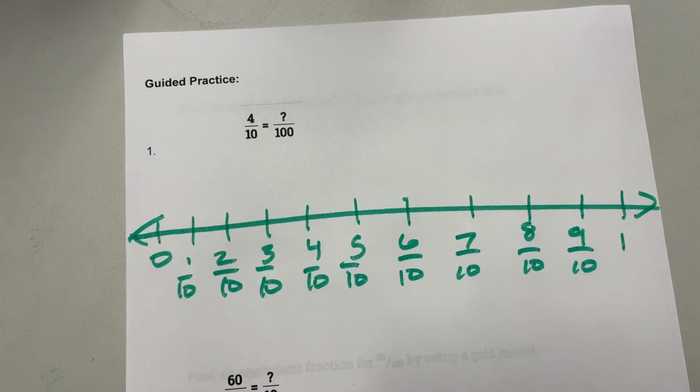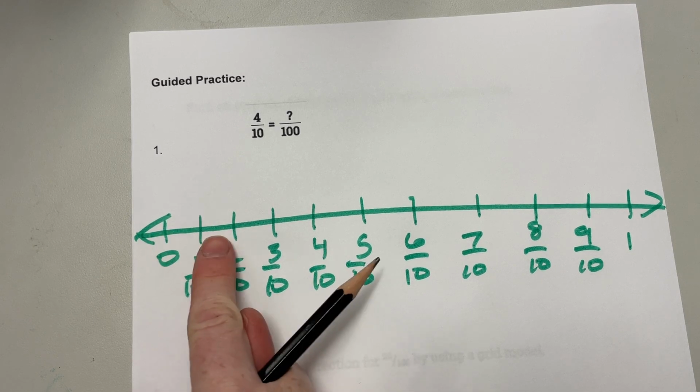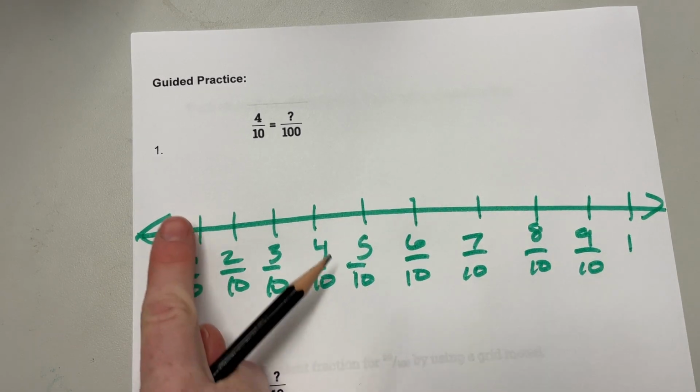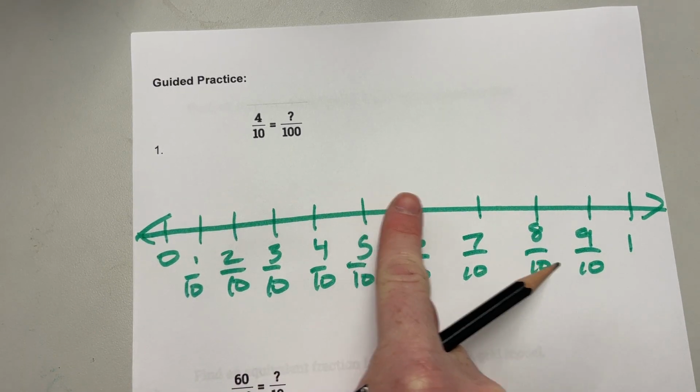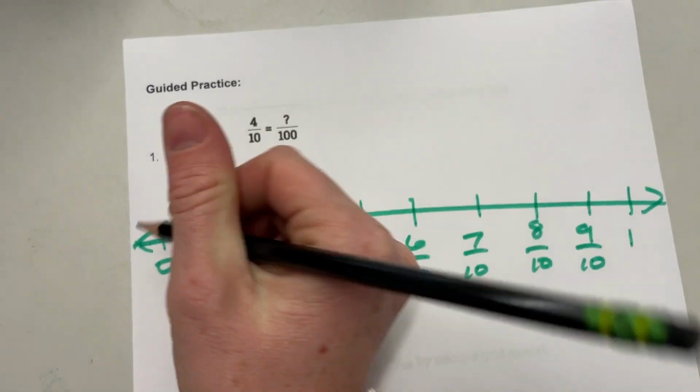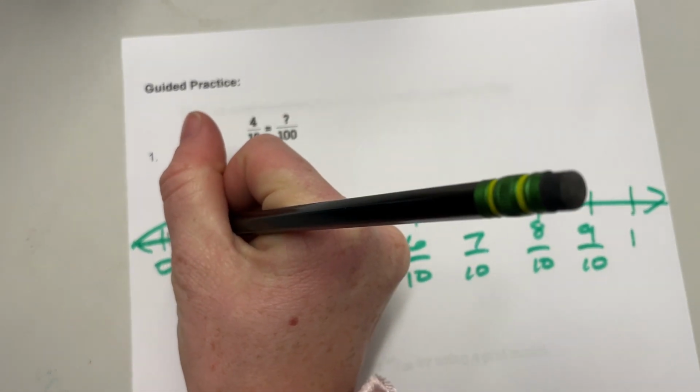And I'm going to use a pencil this time just so you can see my lines. And I know if I count by tens, I'll get to 100: 10, 20, 30, 40, 50, 60, 70, 80, 90, 100. So I need to break this up into 10 too.